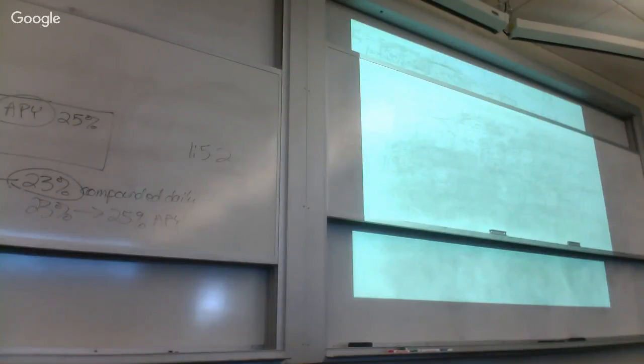Oh, and you know why? Because that's the years. I did change the problem. Yeah, I changed the problem. Thanks for mentioning that. This is the practice problem, this is chapter 11.